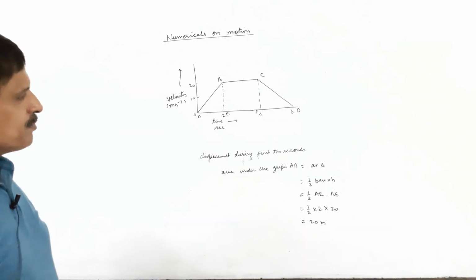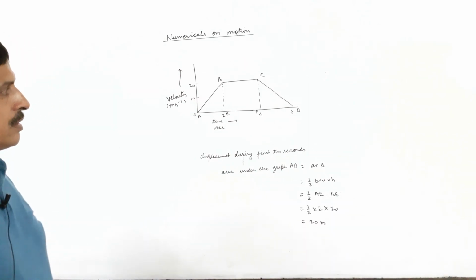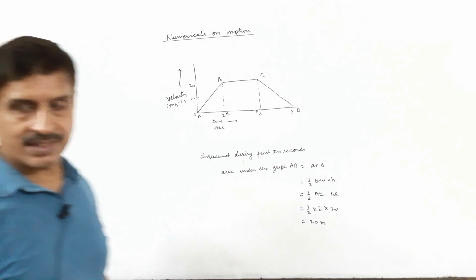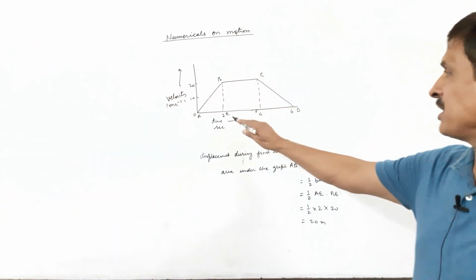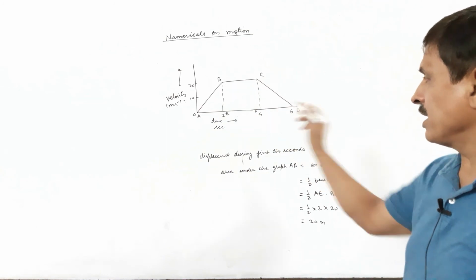To calculate displacement during 2 to 6 seconds, we consider the trapezium BCDE.